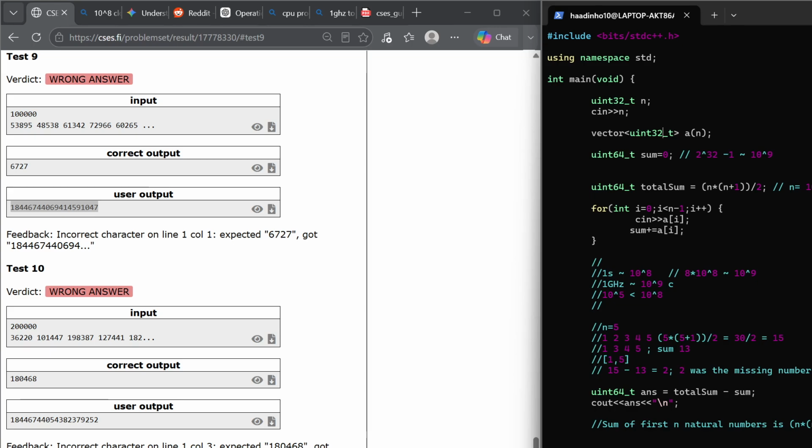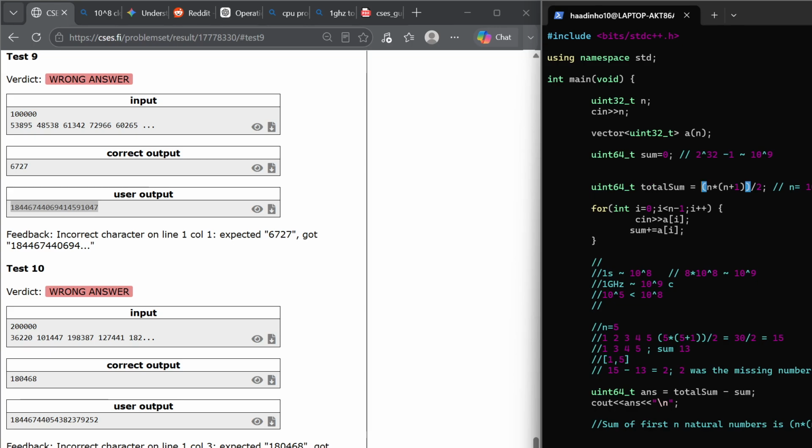The vector of int is fine. N also is fine with that, but okay, I understood this thing. Listen, guys, what is happening over here is this one is 32T, and this 64T is just a storage place.